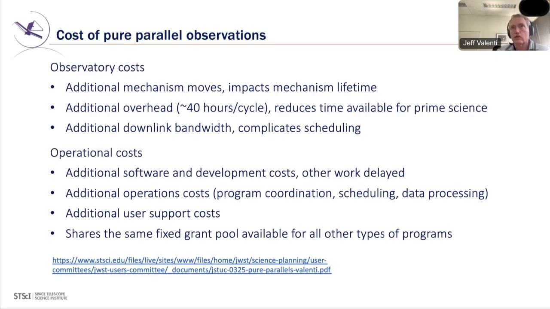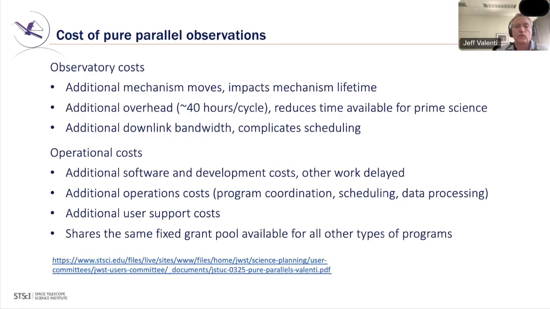Data processing is automated, but there are always issues that come up that they have to debug, and certainly there have been issues with processing pure parallels. And then user support costs, and then finally there's a fixed grant pool, and 2% of that grant pool has gone to pure parallel observers.